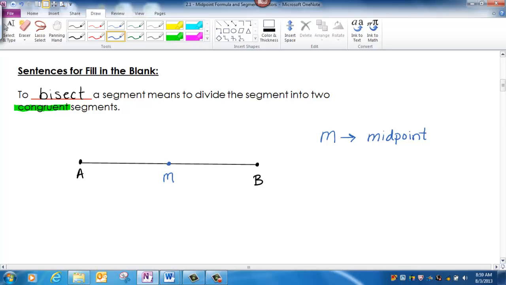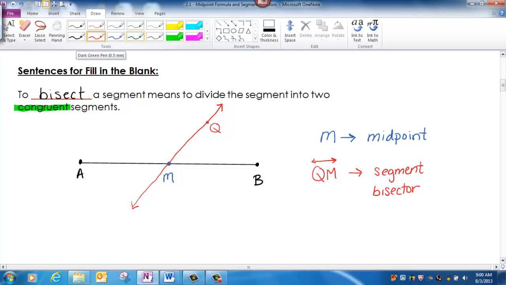You could also then draw a line or a ray or a segment right through point M. Say we have a line here. And we could label a point on this red line, let's just say we call it Q. Then line QM is called the segment bisector, because QM bisected segment AB.